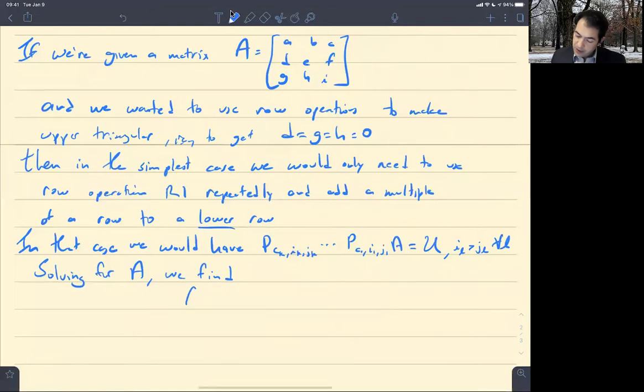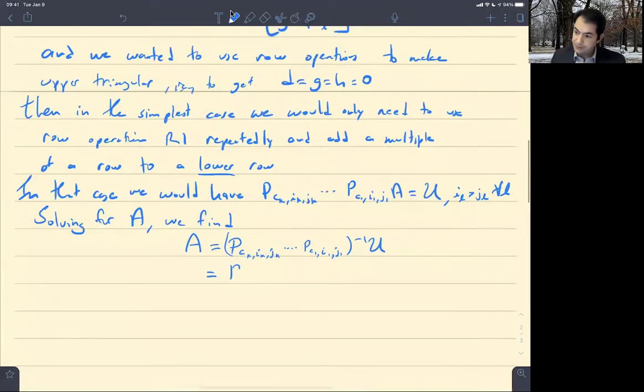So solving for A, we find that A is equal to P_CK,IK,JK and so on through P_C1,I1,J1, all of that inverse times U, right, which we can write as, remember the inverse is, so two things.